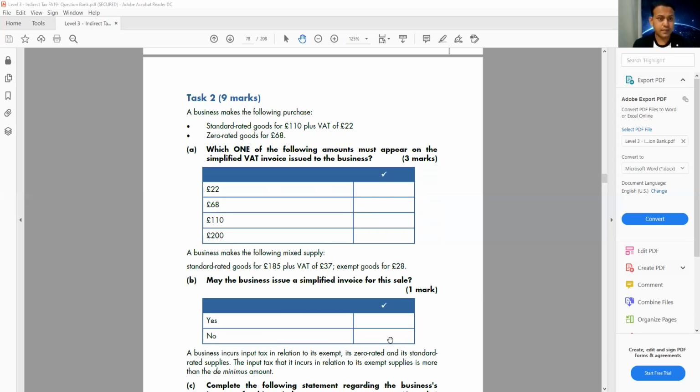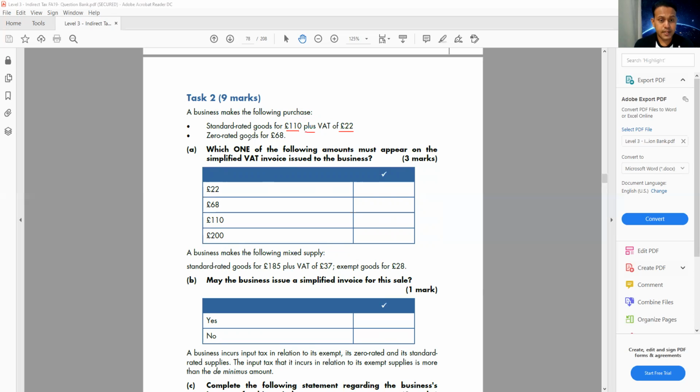The first question we have here: a business makes the following purchases. Standard rated goods for 110 plus VAT of 22. Okay, so we have 110 net plus VAT of 22.